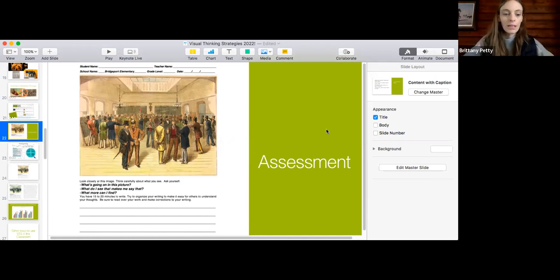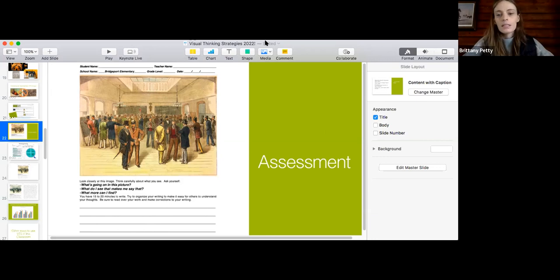We put that image right on a piece of paper and then asked those same 3 questions. It's nice to do a discussion, but in an assessment format, you could just ask them to write it out, a written assessment. Same 3 questions we were asking before, giving them 15, 20 minutes to write that out. And I'll show you all the rubric.